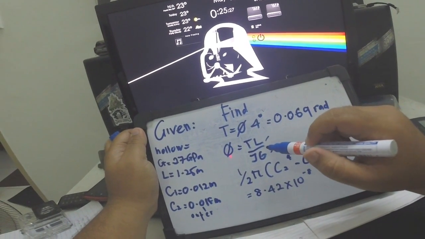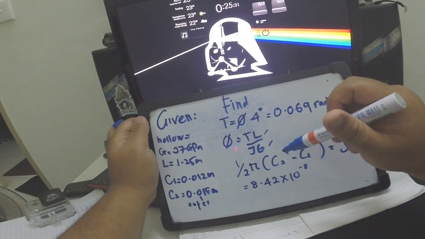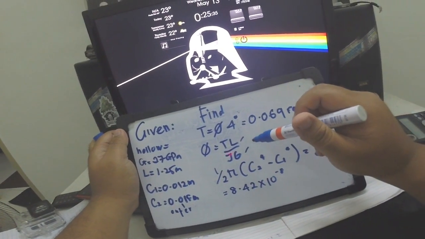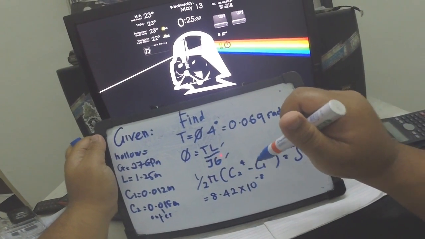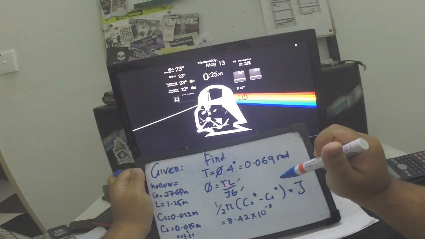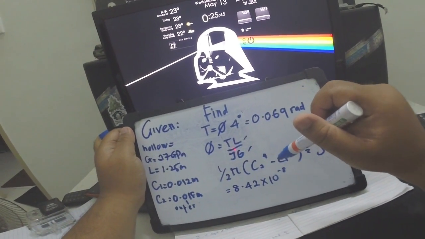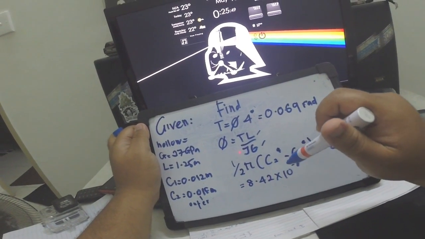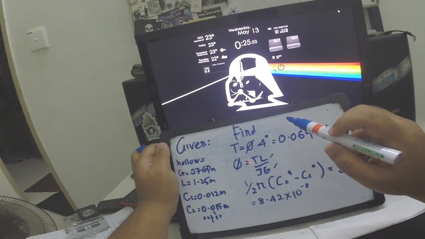First we must find J. As we know, the J formula is equal to 1 over 2 pi times C2 to the power of 4 minus C1 to the power of 4. After we insert all the numbers, we get 8.42 times 10 to the power of negative 8.